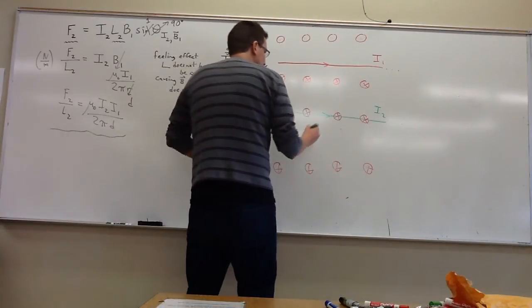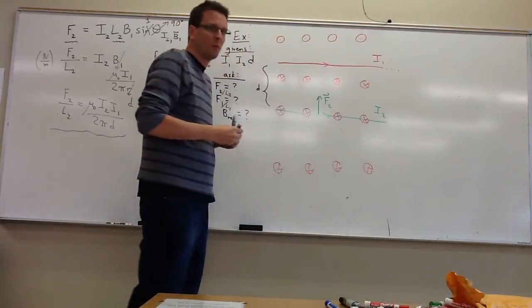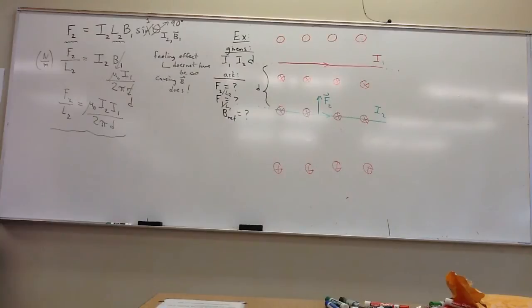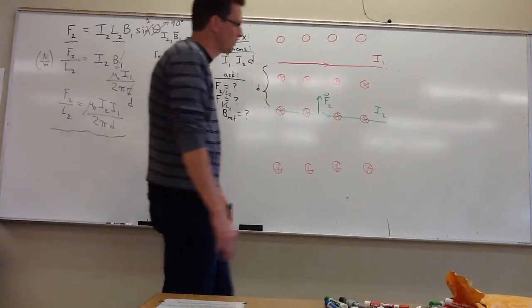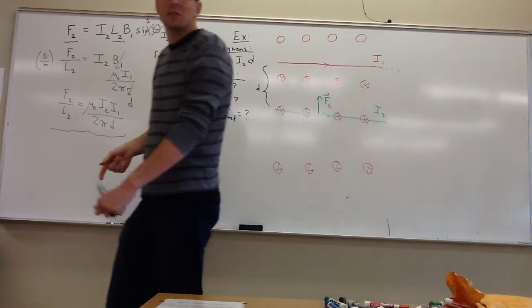So this will be the force direction. What we find is that wire 2 will be attracted to wire 1. It gets pulled towards it. All right, so that's the first part. Are there any questions before I do the same thing but in reverse?